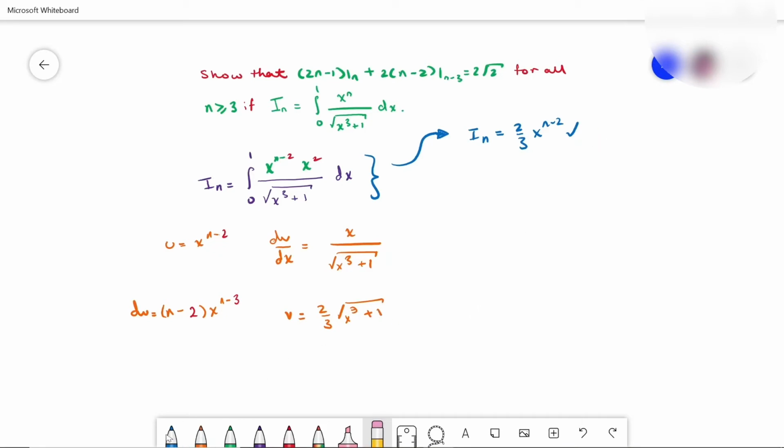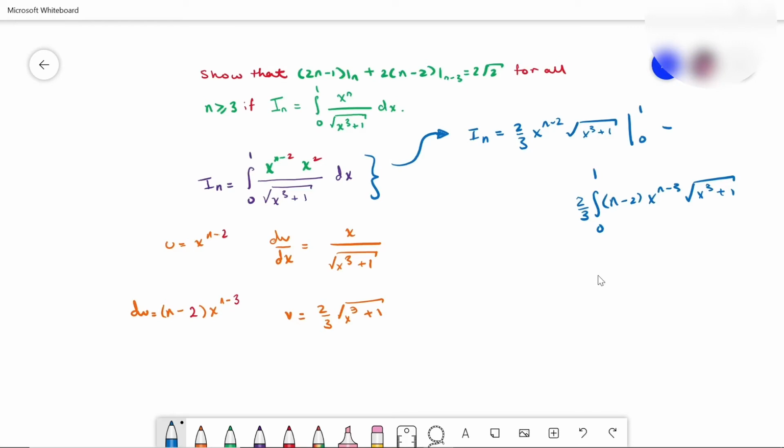So here we're going to have x cubed plus 1. Okay, we evaluate this from 0 to 1 and we subtract the integral from 0 to 1 of du times v. So we're going to have n minus 2 times x to the n minus 3, and obviously the 2/3 being outside, times the square root of x cubed plus 1.